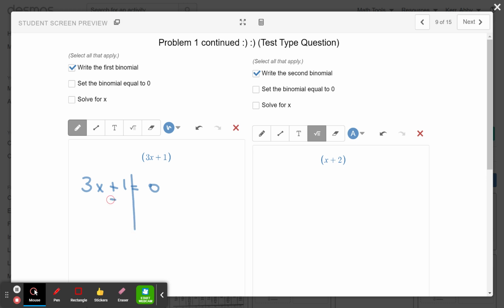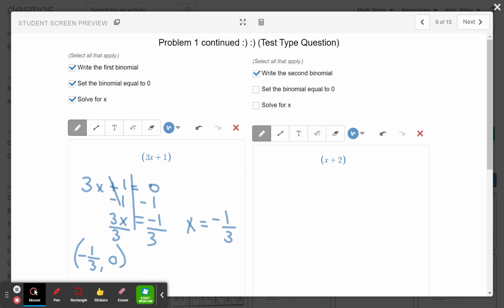To undo adding, we're going to minus 1 on both sides. And then to undo multiplying, we're going to divide. Now you can write your answer as an ordered pair, or you could just write it as x equals negative 1/3. So that's going to be one of the x-intercepts.